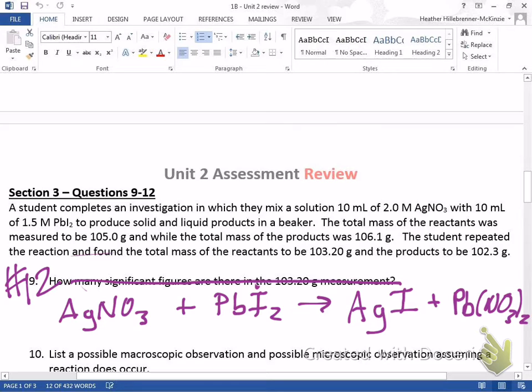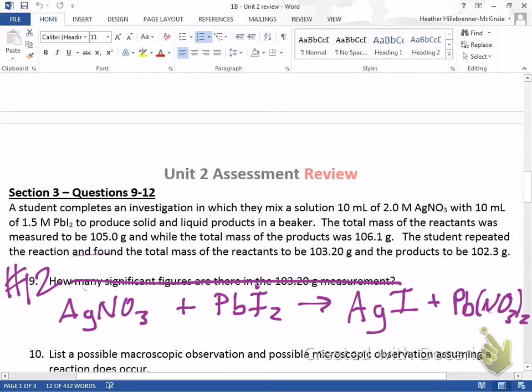All right, so what do you guys see? Besides the parentheses, that is NO3. All right, so what's the problem with what I have written up here?